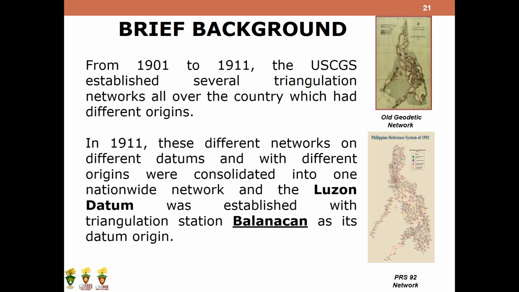But after the team surveyed the Philippine Islands, in 1911 the series of networks in different references and different regions were consolidated, and they decided to establish a datum, which is the Luzon datum.